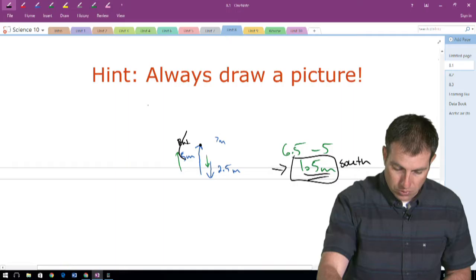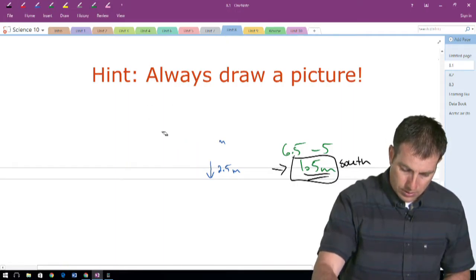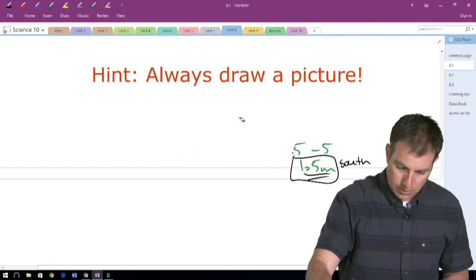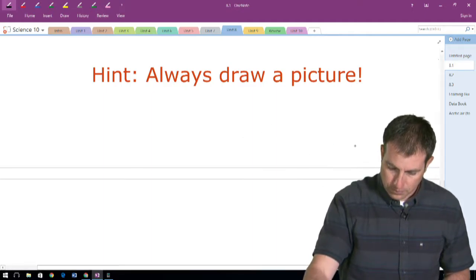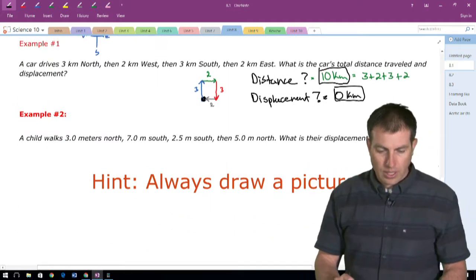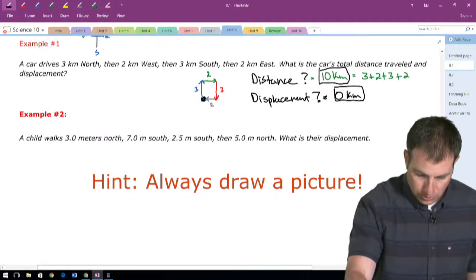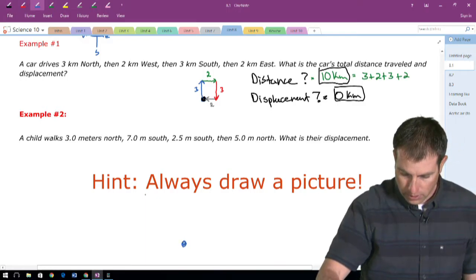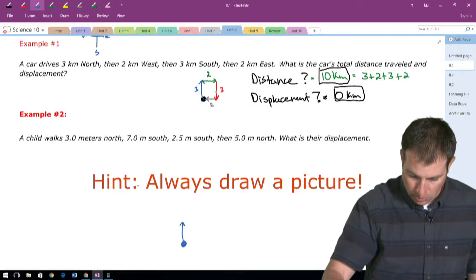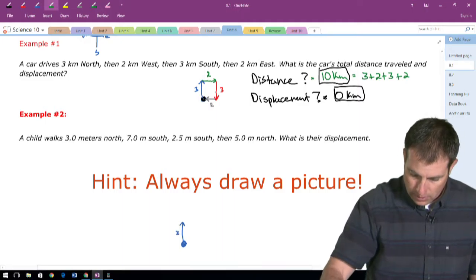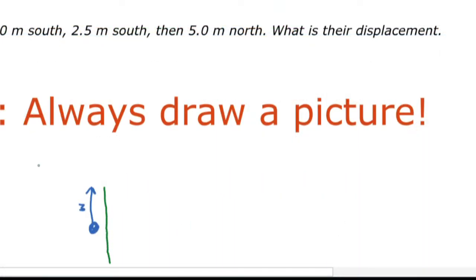Let's do another example using meters. All right, so we're always going to draw a picture. A child walks 3 meters north, so let's start our child off here, and the child is going to walk 3 meters north, and then the child walks 7 meters south. So there's the initial 3, and then we go down another 4, so there's 7.